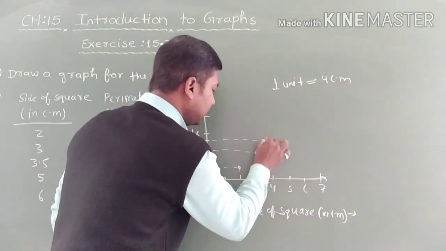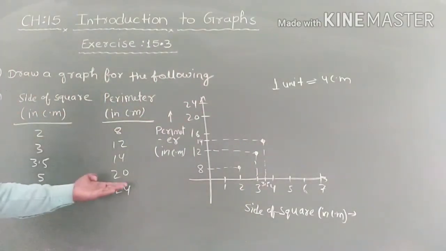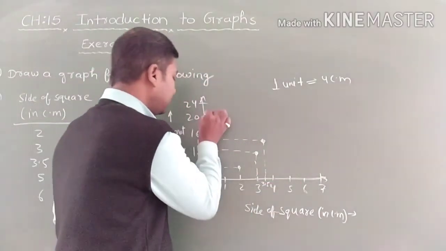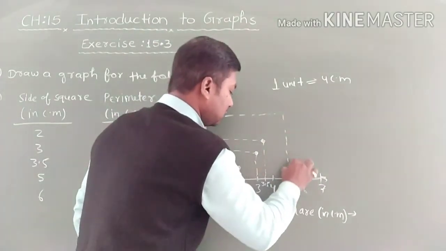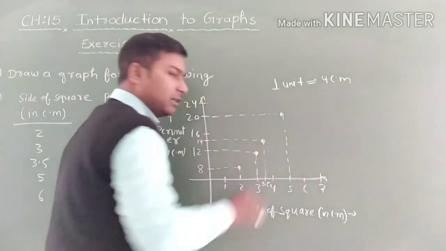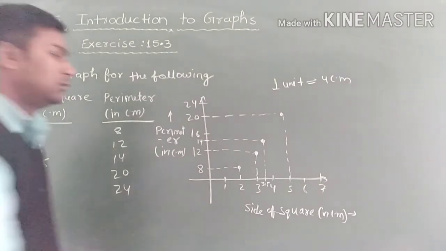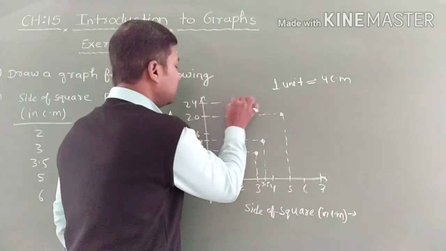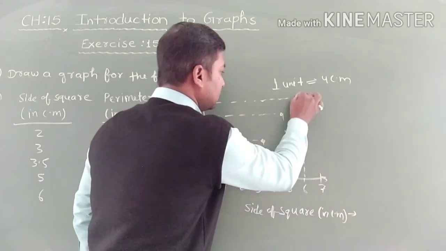So this is the point. Now next one, 5 and 20. So this is 5 and this will be 20. Now this is the point. Again 6 and 24. Now this is 6 and this is 24. So we can draw a dotted line. So this is the point.